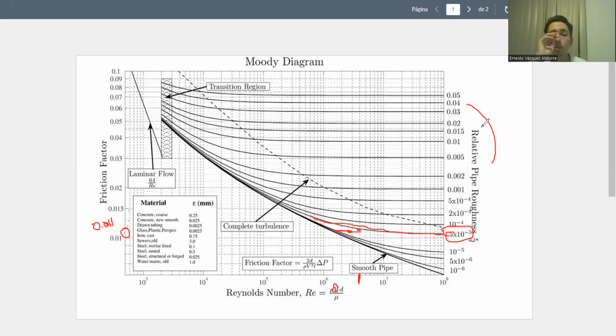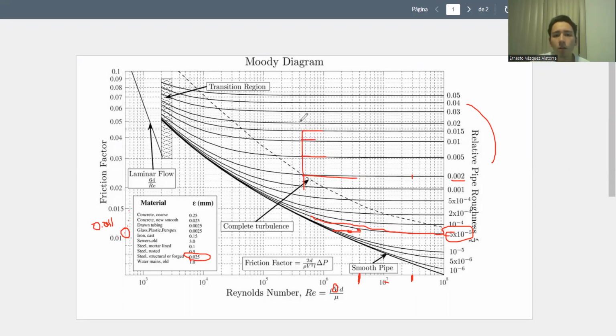Let's assume that we change our Reynolds number to 2 times 10 to the 7, and we have a relative pipe roughness of 0.002, like if you're using a steel pipe with the diameter that gives you this number. You follow this through here. As you can see, from here they are all practically straight lines.